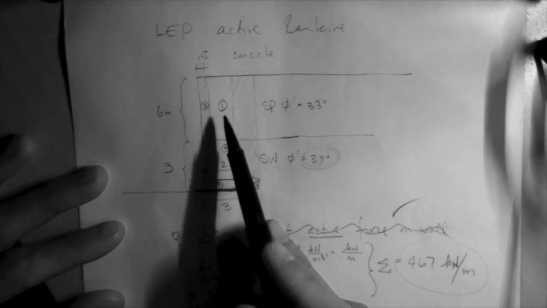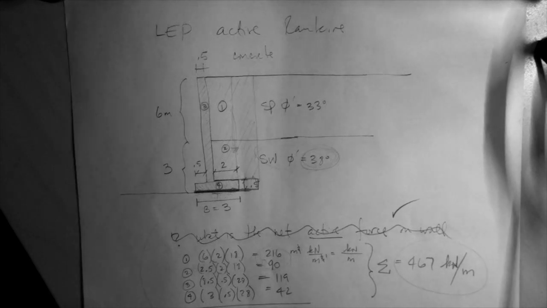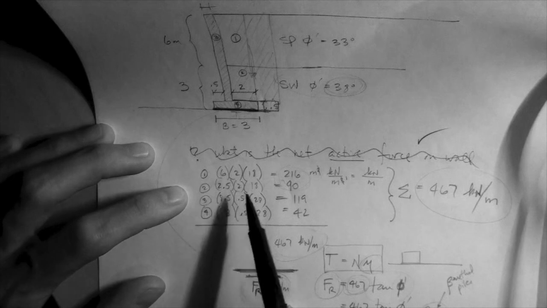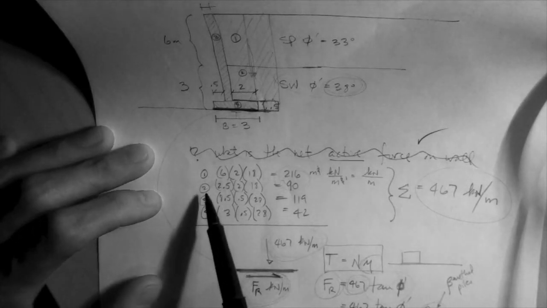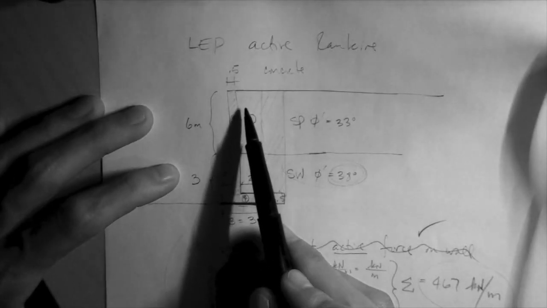Each of these components, 1, 2, 3, and 4, in this case, has a weight. In fact, the weights are here. Look, you already have this in your notes because you saw this video before the one that you are currently watching.